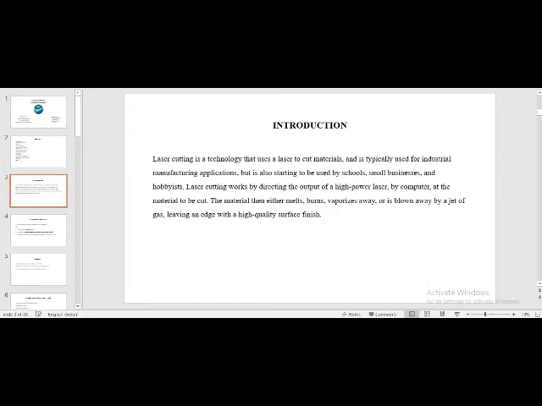As the name specifies, a laser is used to cut materials, typically in industrial manufacturing applications. But it has also started to be used in schools, small businesses, and research.